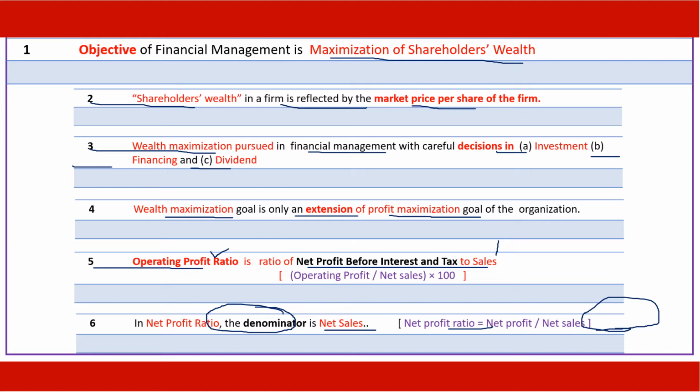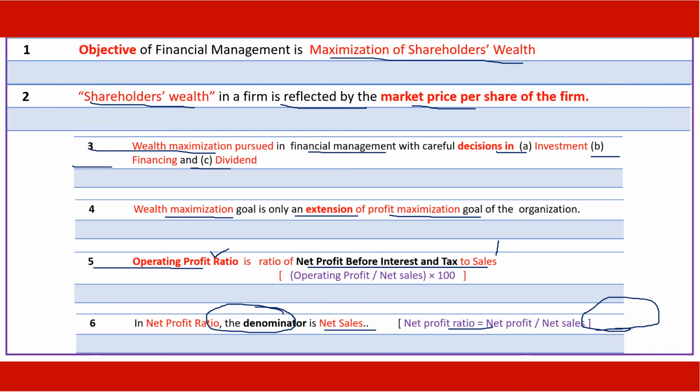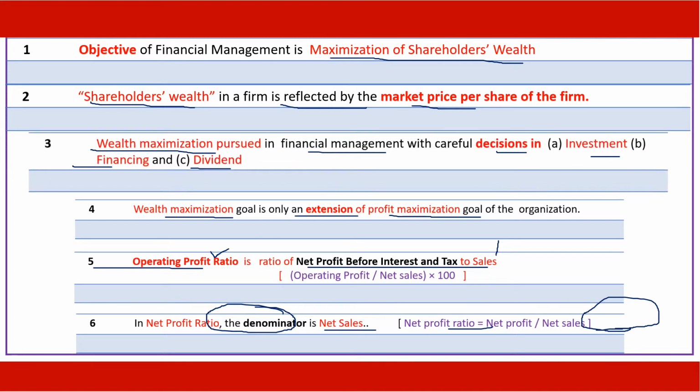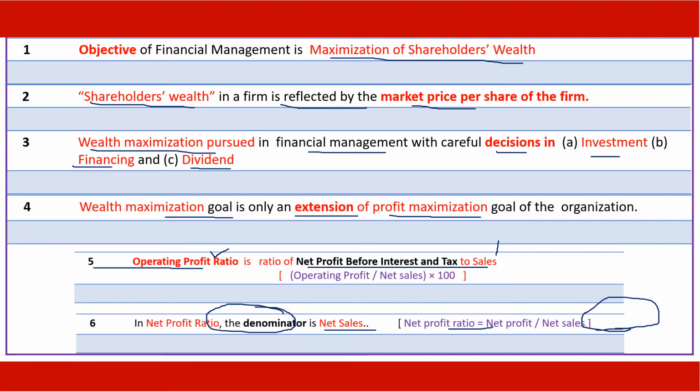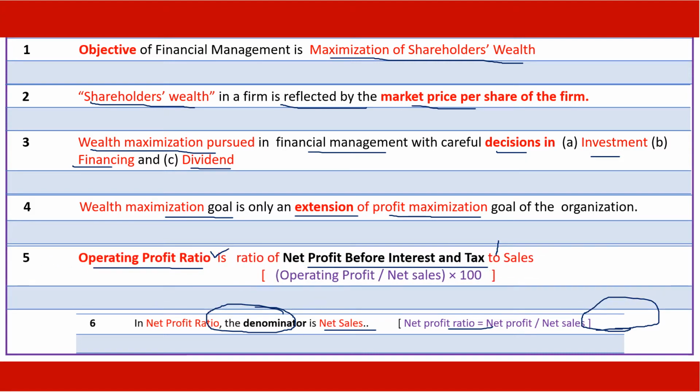Objective of financial management, maximization of wealth. Shareholders' wealth is reflected by the market price per share. Wealth maximization involves sound decisions in the field of investment, financing, and dividend. Wealth maximization is an extension of the goal of profit maximization.